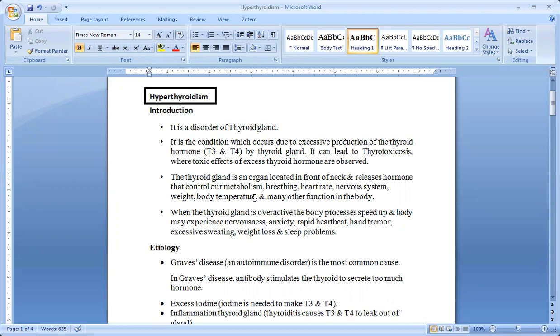It controls our body metabolism, breathing, heart rate, nervous system, weight, body temperature, and many other functions. And due to that overactivity, it causes nervousness, anxiety, rapid heartbeat, increase in heart rate, hand tremor, excessive sweating, weight loss, and sleep problems.